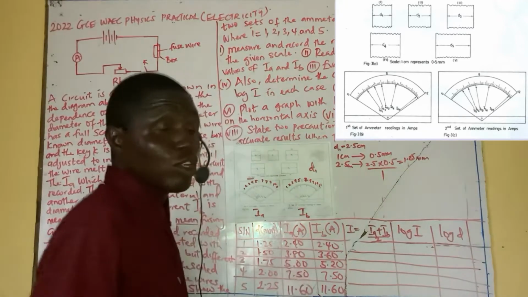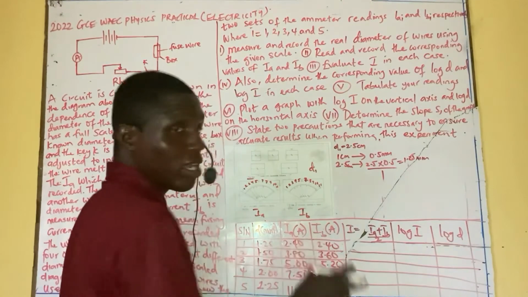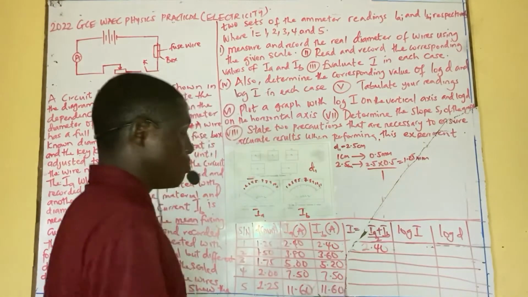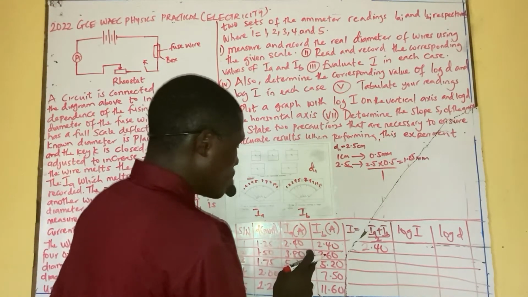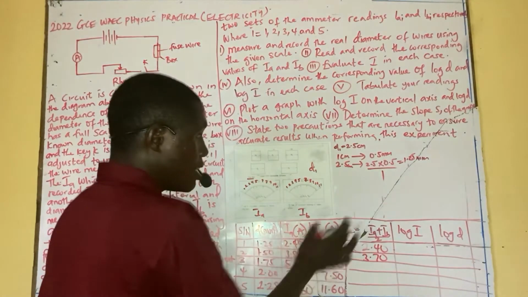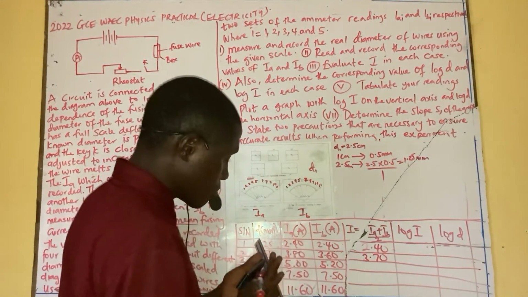So I have gotten the IA and the IB. 2.40 plus 2.40 divided by 2 is going to be 2.40. So 3.8 plus 3.6 divided by 2 is going to give you 3.70.